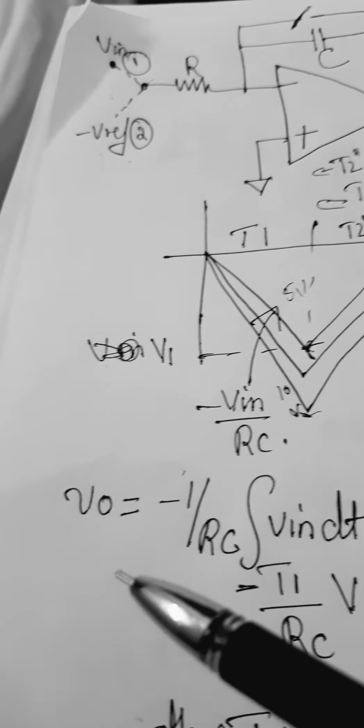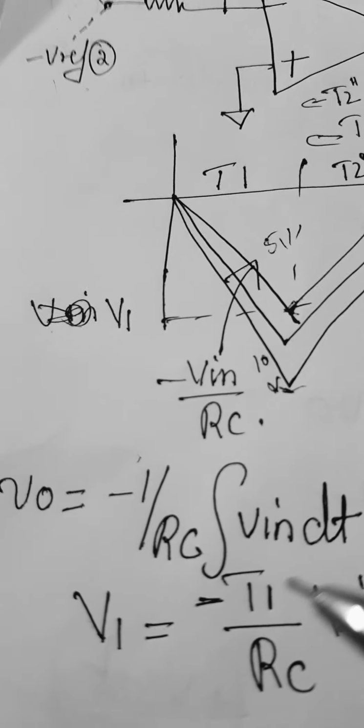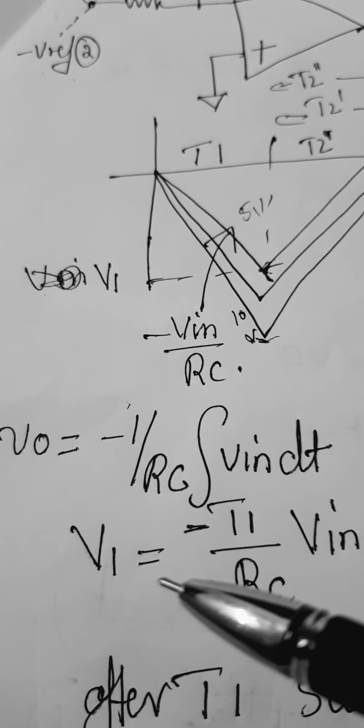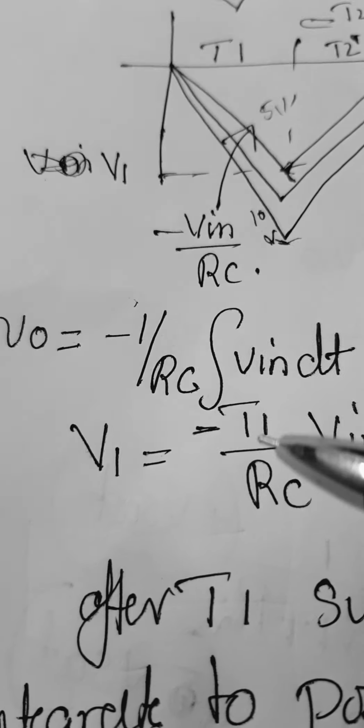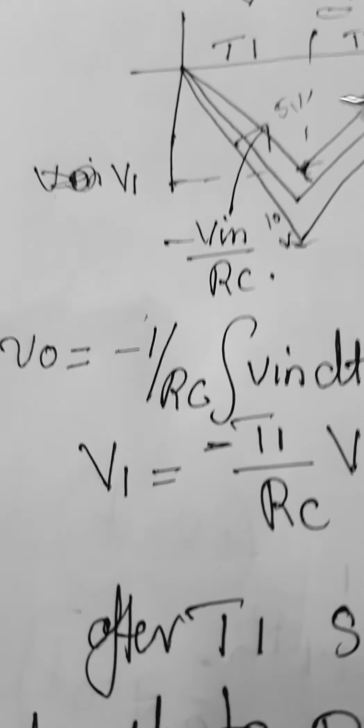Okay, so that is the main working of this. V naught is 1 by RC integral of Vn dt. V1 is this voltage, equal to minus T1 by RC into Vn.